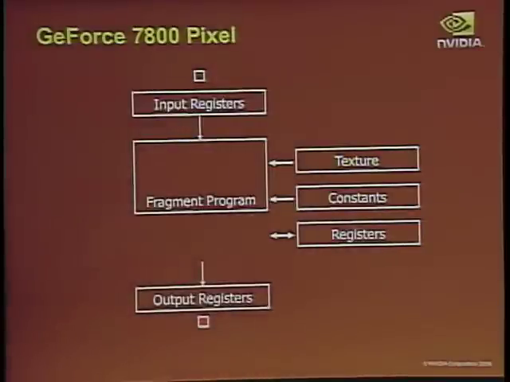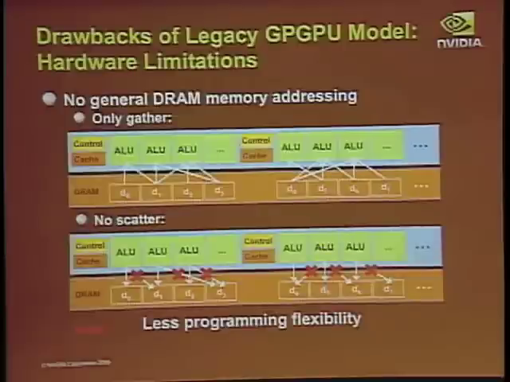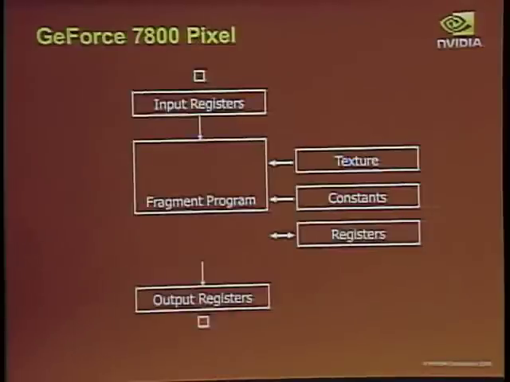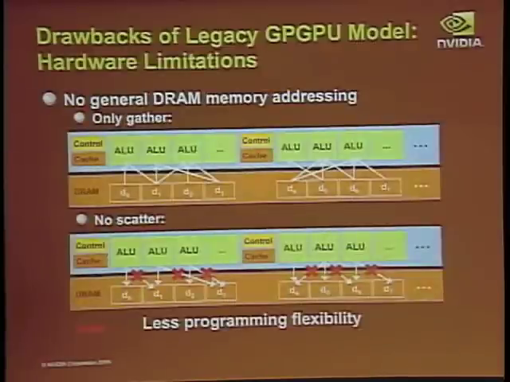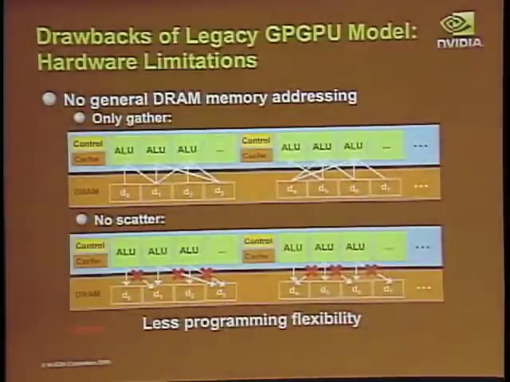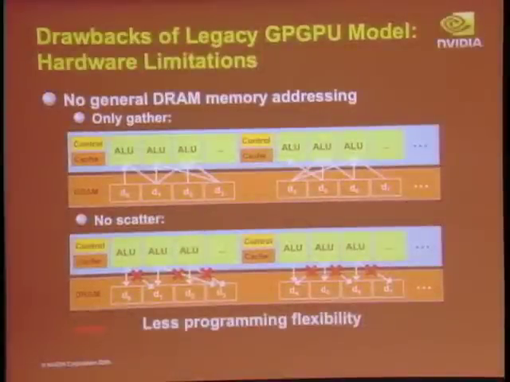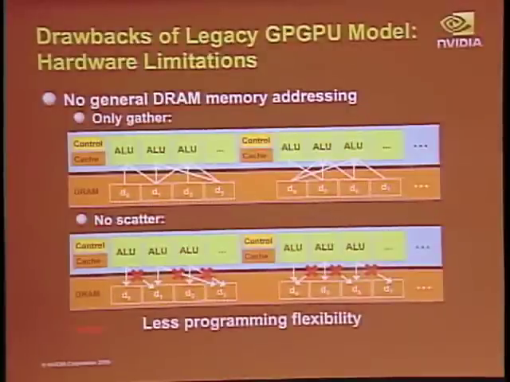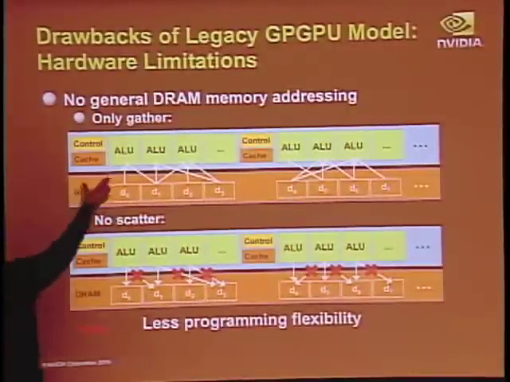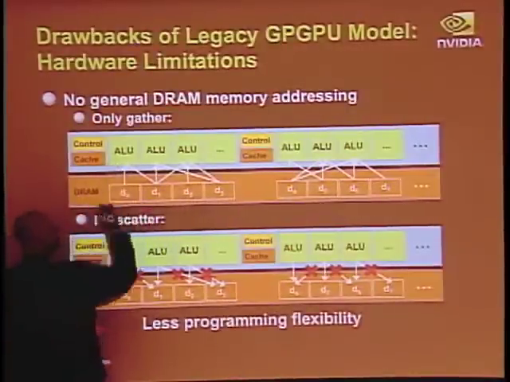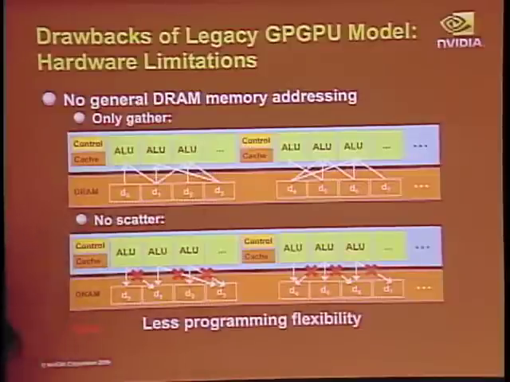Super. So what are the drawbacks of this? One of the issues here is that when we talk to texture over on the right, we can only gather. Texture is read-only. You don't get to write back to the texture, at least not within a fragment program. So your ALUs can go out to DRAM and grab all this stuff, but what we can't do is scatter.